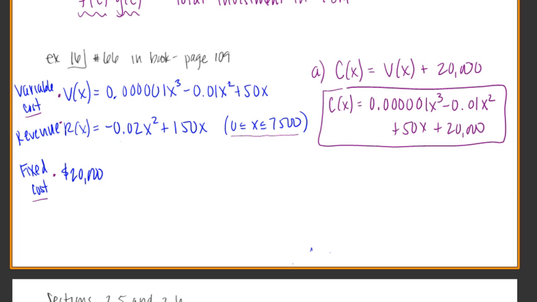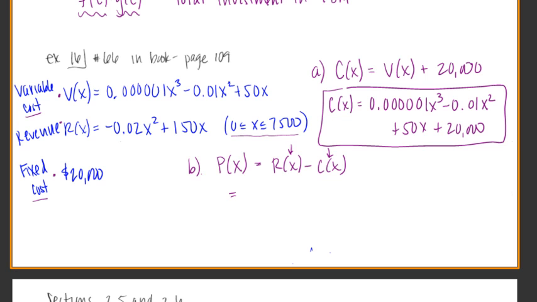And that right there represents the cost equation, because the full cost that this company has to accrue is part variable and part fixed. All right, now part B says it wants to know the profit. Like I said, the profit, we'll say P for profit, is the difference in the revenue and the cost. It's the money in minus the money out.